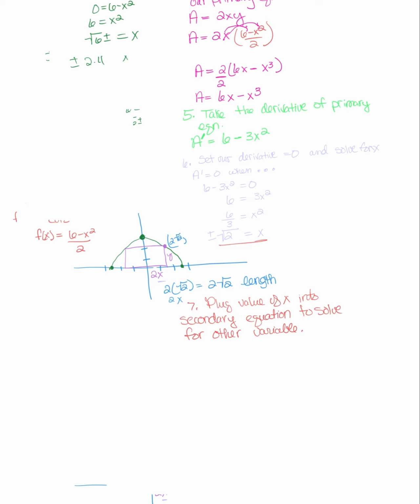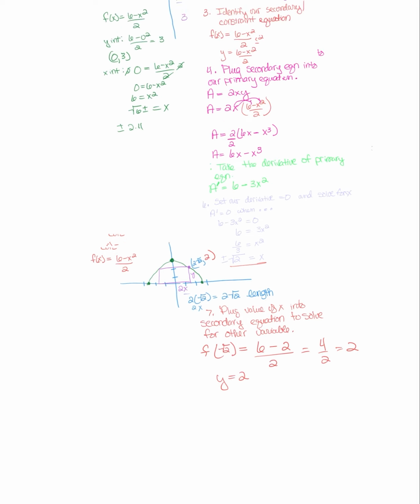So we have f of x, which now we're going to plug in root 2, equals 6 minus, well, root 2 squared is just 2, divided by 2. So that's going to be 6 minus 2, which is 4 divided by 2. So that's going to give us 2. So our y equals 2. So we have a length of 2 root 2 and a height of 2.